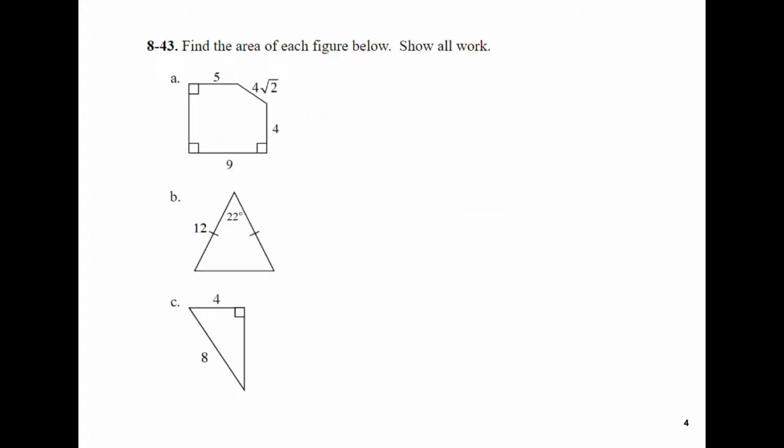8-43 asks us to find the areas of the figures below. So looking at our figure here, the first thing that comes to my mind is that I could extend this in order to make it an entire triangle, telling me that 9 minus 5 would give me the distance of 4 right here.